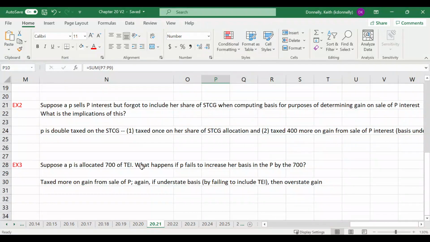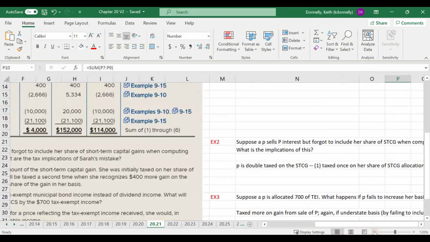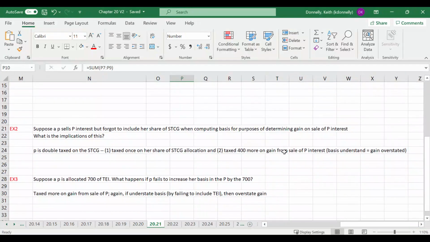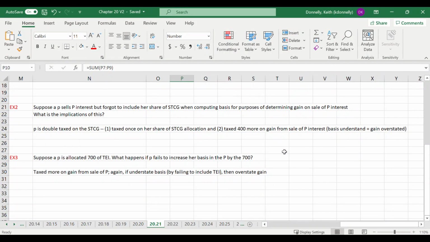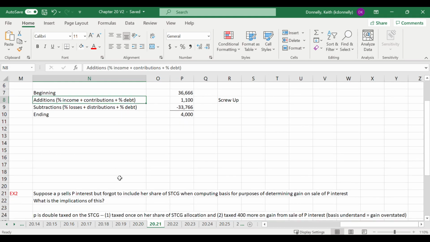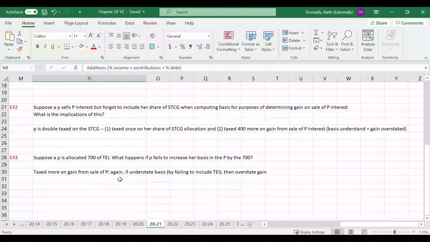Next thing it says here: suppose a partner sells their partnership interest, but they forget to include their share of short-term capital gains in computing the basis. In other words, suppose they mess up their additions and fail to include some short-term capital gains.